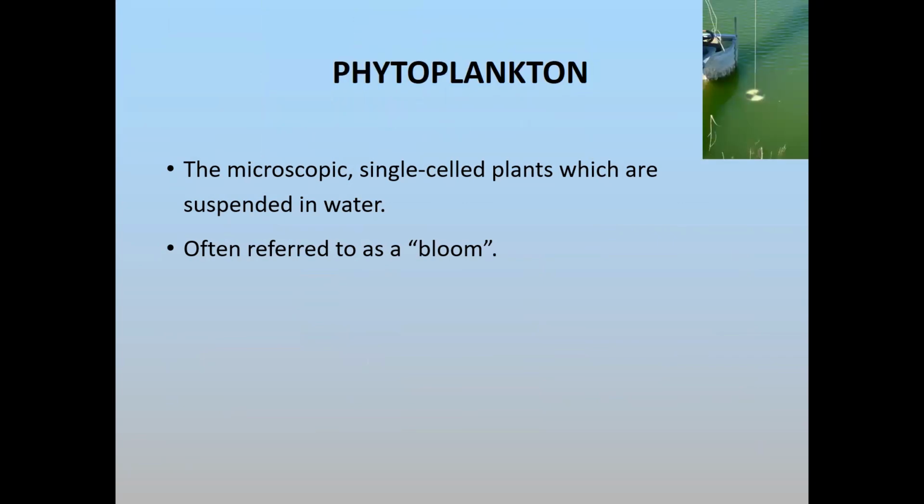In this case, this is not a water garden. This is actually a fish pond, but you can see the level of green color here. It's almost like pea soup, a healthy population of phytoplankton, but excessive for a water garden.